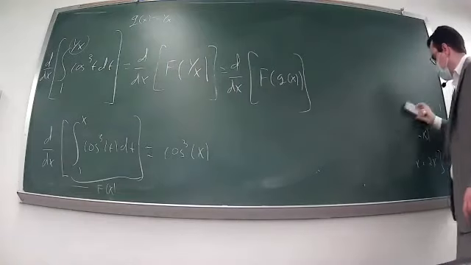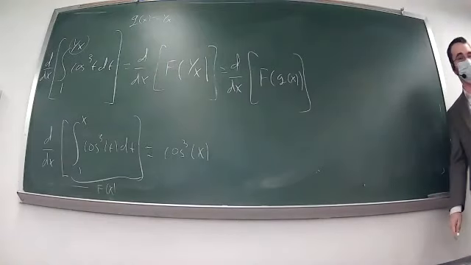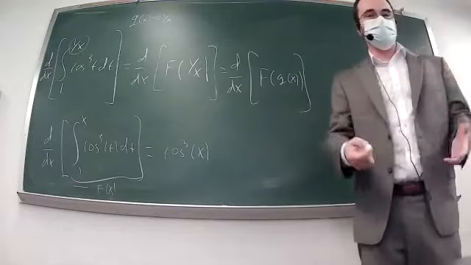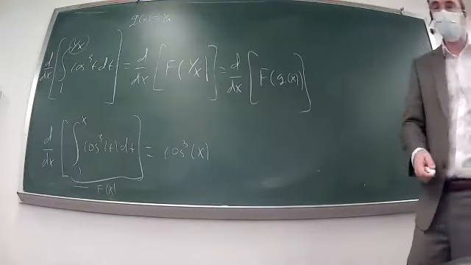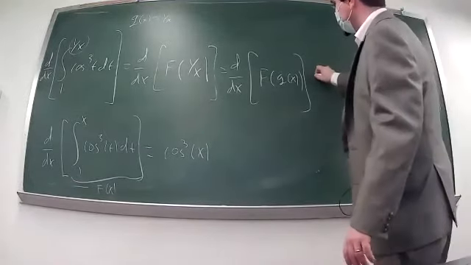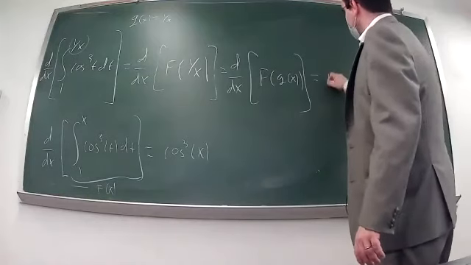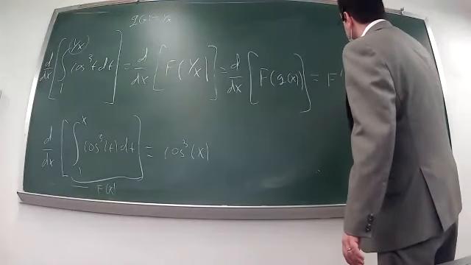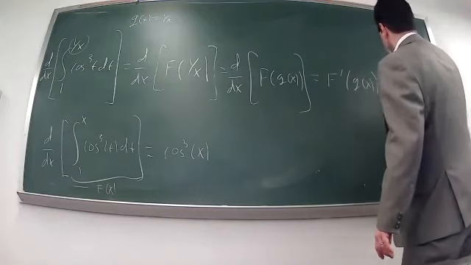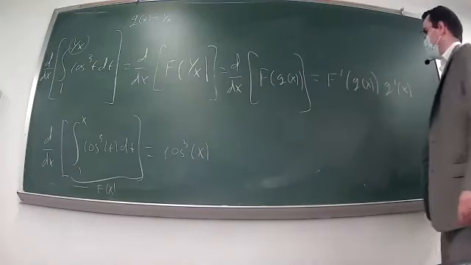And when you want to take a derivative of a composition of functions, you know that what you must do is use the chain rule. So that's f prime of g of x times g prime of x.